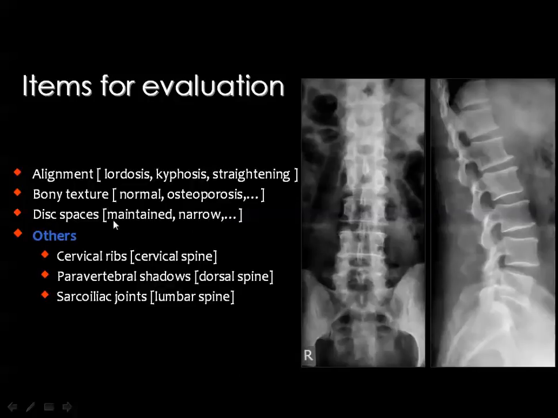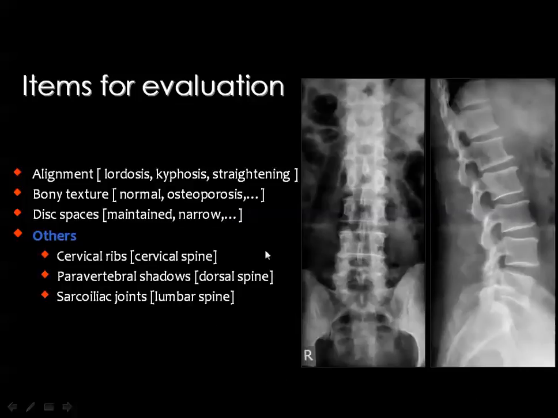Then you look for the disc spaces in the lumbar spine. The disc spaces increase in width as you go down. That's to say that L4-5 should be wider than L3-4, which should be wider than the L2-3 intervertebral disc.